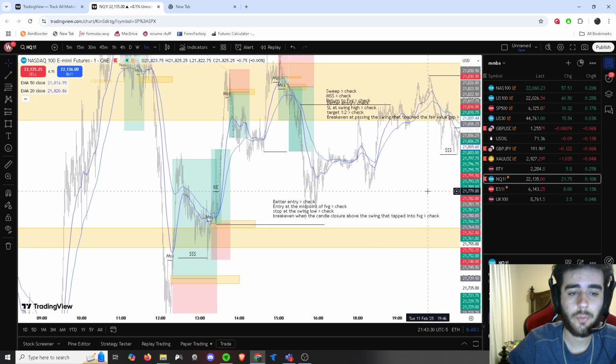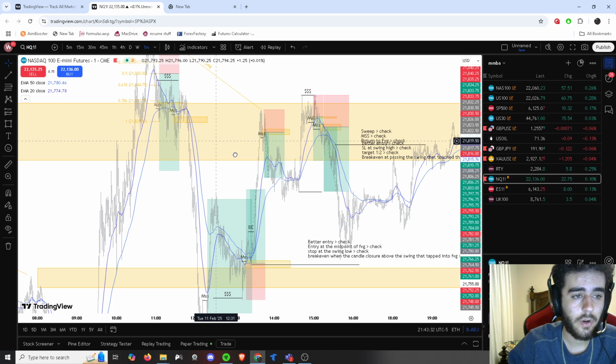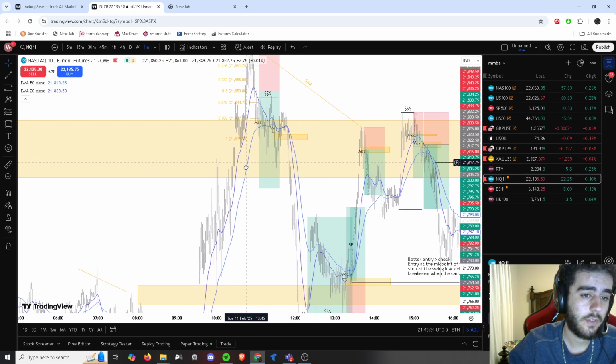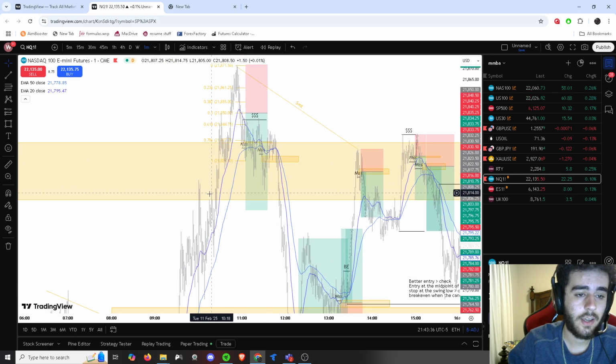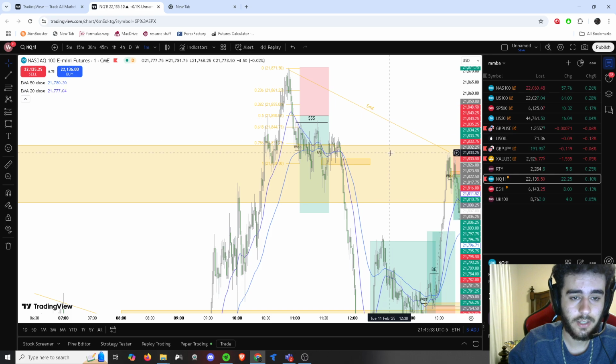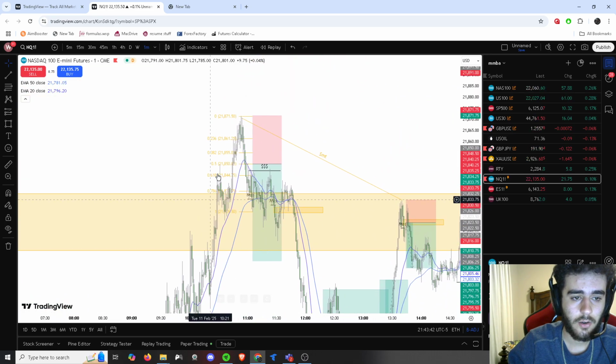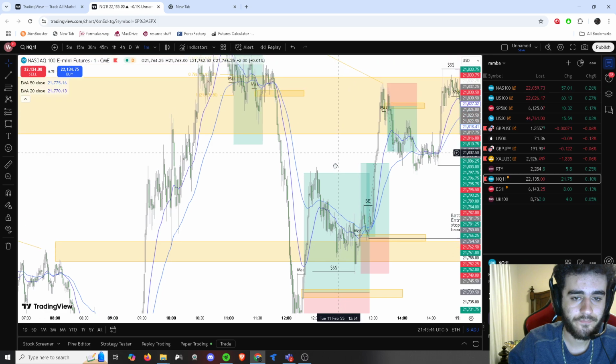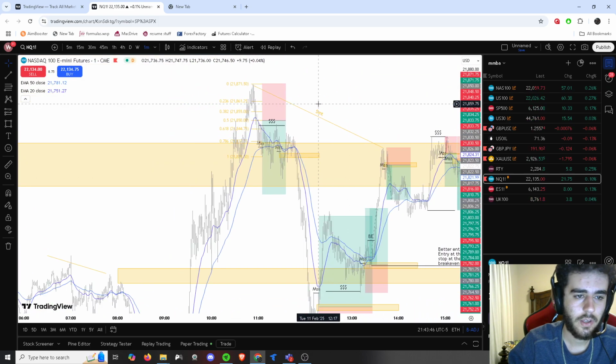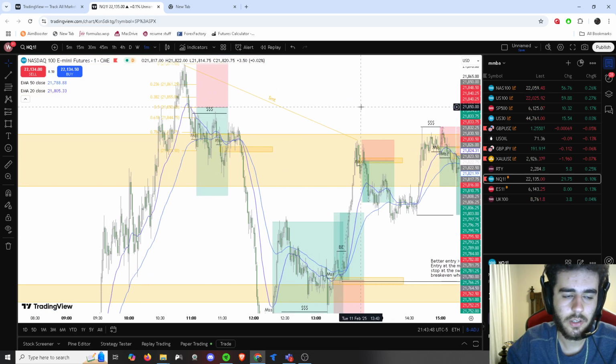We get sometimes a market open SMR, and most, if not every day, we'll get a 10 a.m. silver bullet SMR, which is what this looks like. 10 a.m. open high, low close kind of thing. It's PO3 stuff. It's not as important, but it's still good to know, and I still use it.